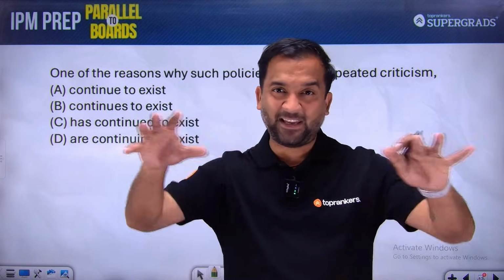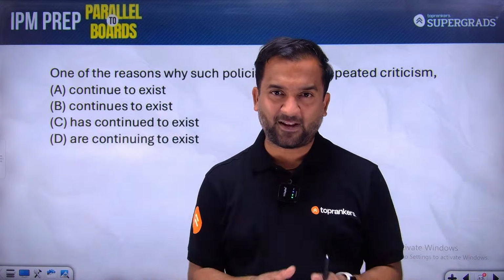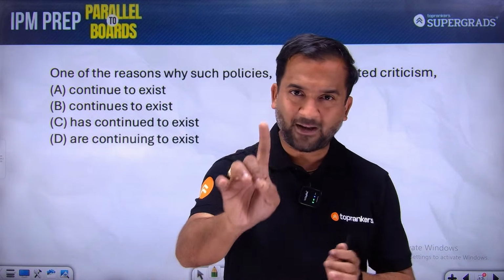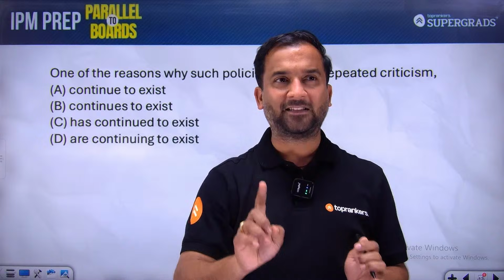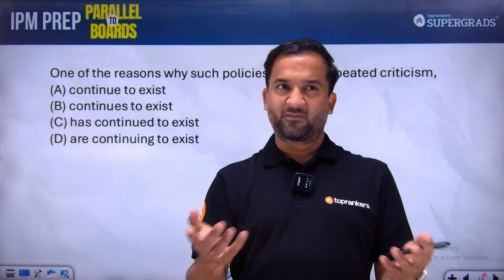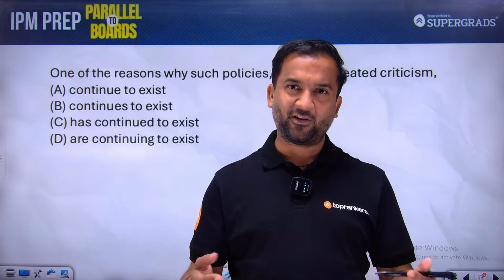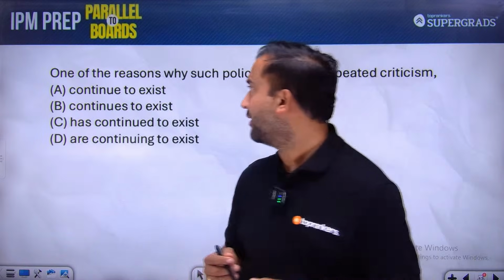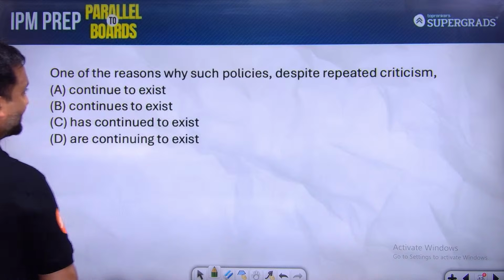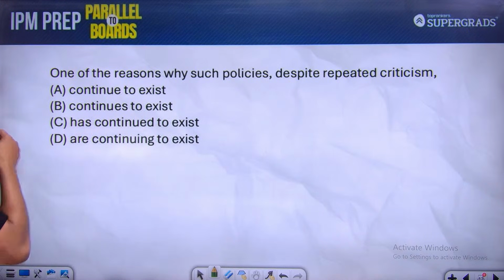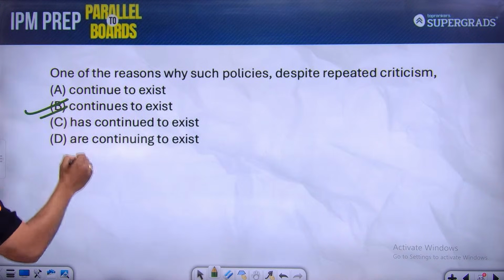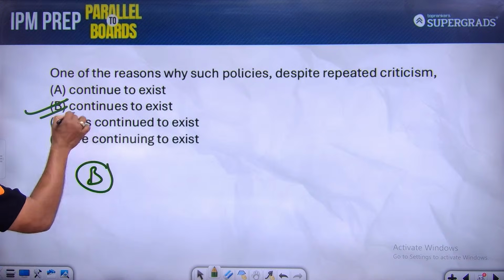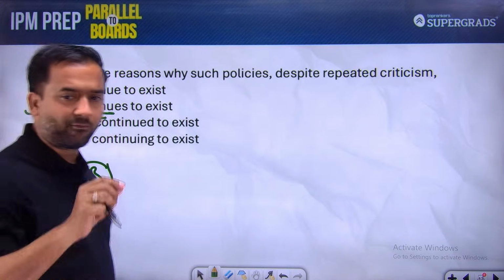Now, I have many friends, and out of those many friends, I am talking about one particular person. And the moment I say one, the subject is singular, so the verb also has to be singular. So one of the reasons why such policies, despite repeated criticism, continues to exist. Continues would be your singular verb, students.